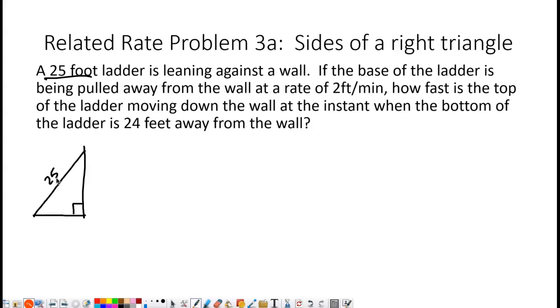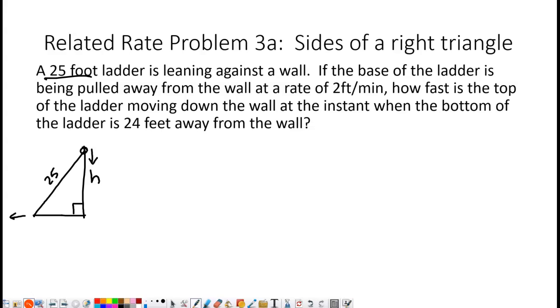But what will be changing is how high the top of the ladder is up the wall, because the further we pull it away, the lower the height is going to go. So I'm going to label the height with an H. And we can see that the height is going to be decreasing over time. As we pull the bottom of the ladder away from the wall, the top of the ladder is going to be sliding down the wall.